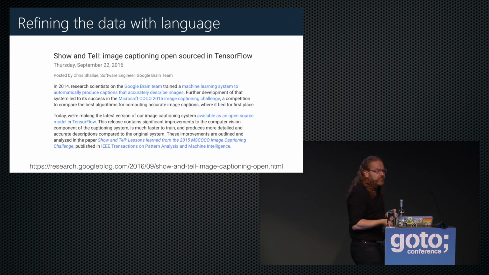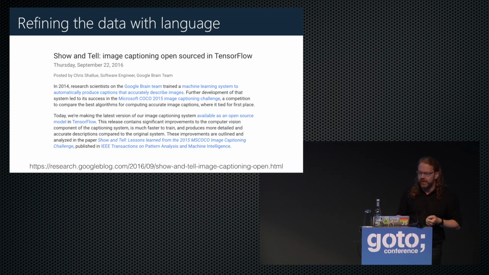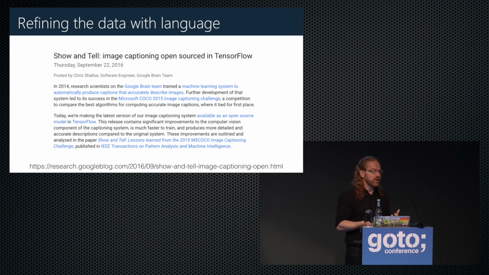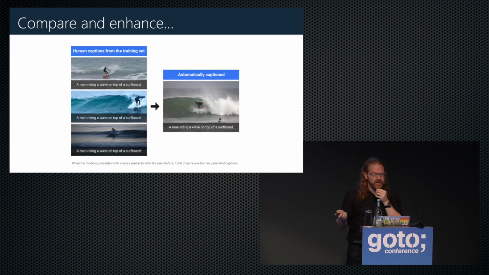They also run these tags through a language compiler, and we do that as well with a few of our services. So image captioning, it's open sourced in TensorFlow, and you can use that. What they use it for is mostly Google Photos, but also the upcoming Allo chat client that they're doing. In this case, they have human captions from the training set, like a man riding a wave on top of a surfboard, and the automatically captioned one is finding 3 different images from that.